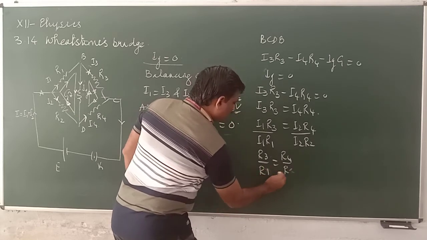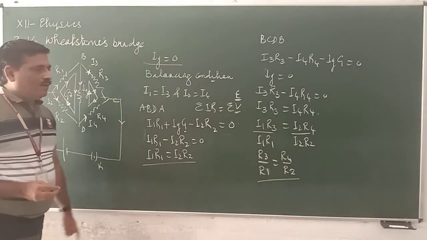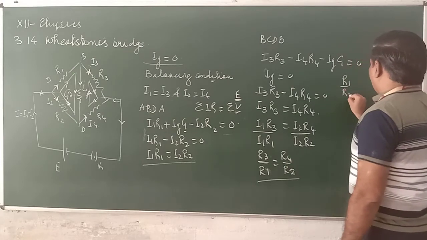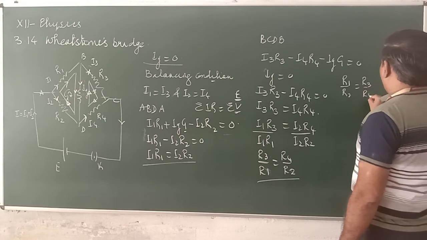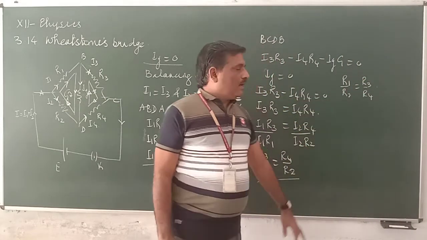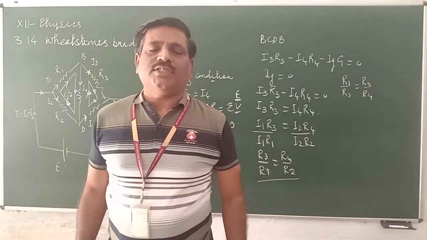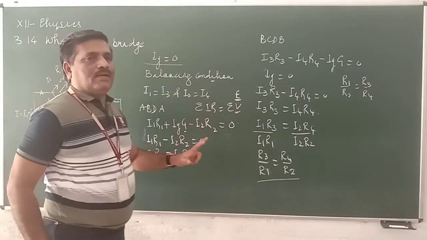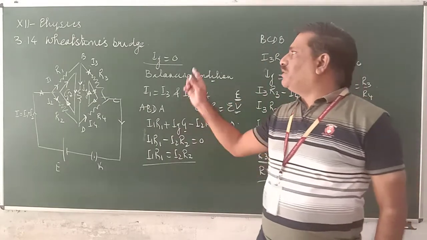This is the balancing condition. We can even write it like R1 by R2 is equal to R3 by R4. This is a more convenient way. If this condition is satisfied, if resistors are adjusted in such a way, then no current passes through the galvanometer. This is known as the balancing condition of the Wheatstone's bridge.